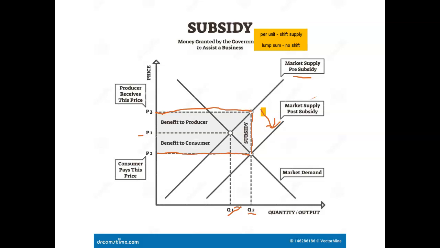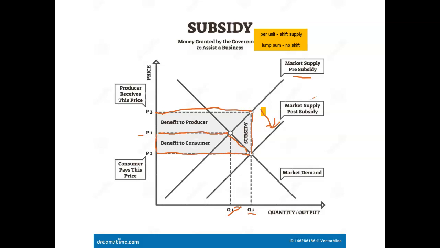Now we have this additional consumer surplus that gets added because the consumer has a lower price. We can look at this as additional consumer surplus, that red being benefit to the consumer.